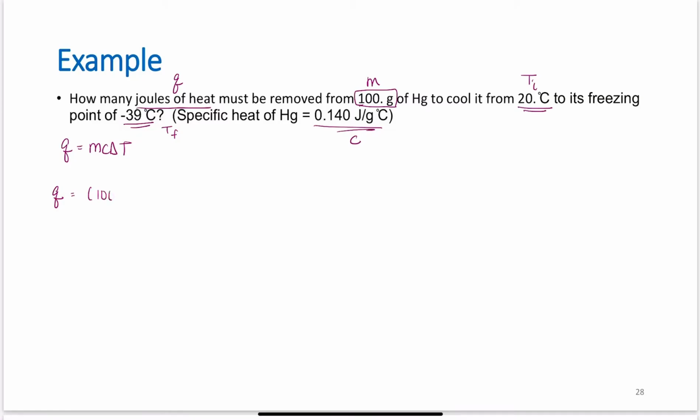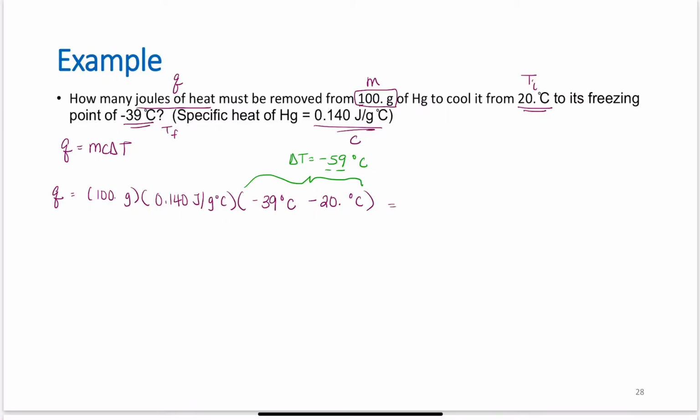Q is what I'm trying to solve, and I'm told it's 100 grams of mercury times specific heat of mercury times my change in temperature, T final minus T initial. Negative 39 degrees C minus 20 degrees C. Now, these questions, I highly recommend you check your temperatures here. The change in temperature here is negative 59 degrees C, because notice this limits my sig figs to 2.